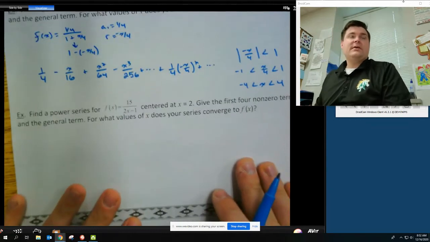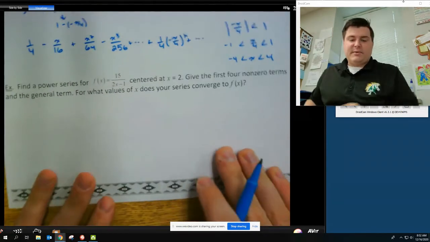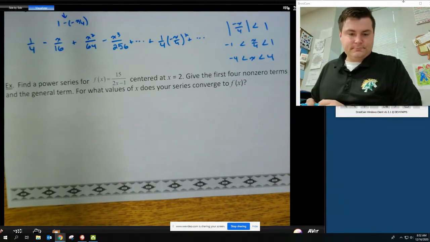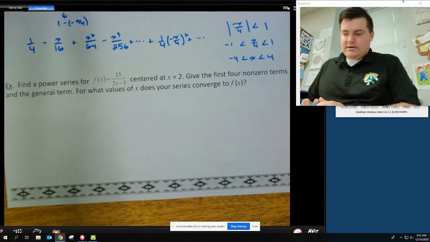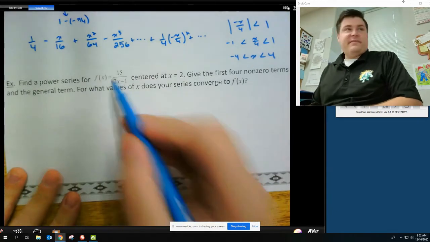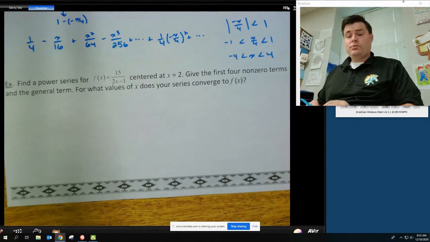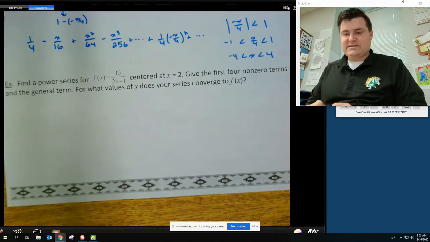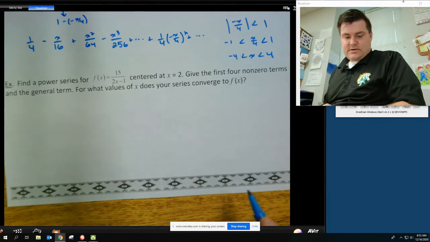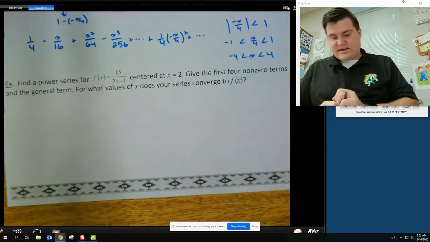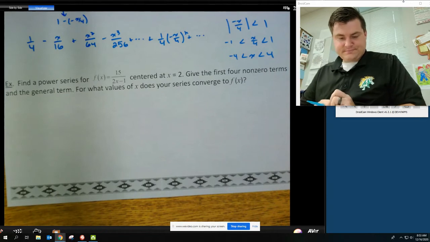Okay. Last one, last little scenario you might run into with this. So find a power series for f of x equals 15 over 2x minus 1, centered at x equals 2. Ooh, it's already different because we're doing everything centered at 0. Give the first 4 non-zero terms, the general term, and what values of x converge.